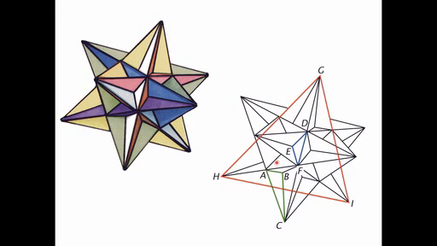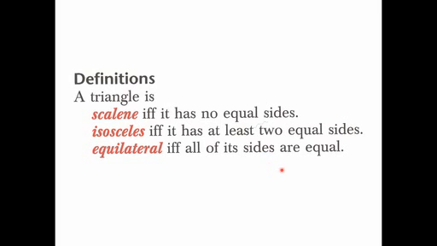Let's get the actual definitions. Here they are. The more you hear them, the more likely you remember them. Definitions: a triangle is scalene if and only if it has no equal sides. You'll see the progression here. A triangle is isosceles if it has at least two equal sides. This comment turned into some questions in the problem sets today.